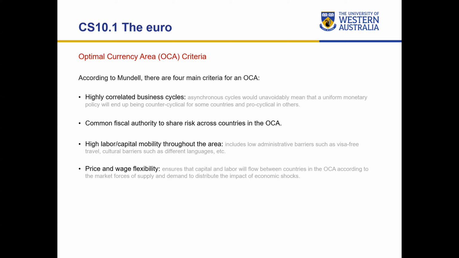The reason for this is because if a group of countries adopt a common currency, they have to have a common central bank setting a common interest rate across all of the countries. And we've kind of explored the idea of maybe different states of a country like Australia or the United States, or a different group of countries like the countries of Europe trying to maintain integration, but at the same time having different interest rates.